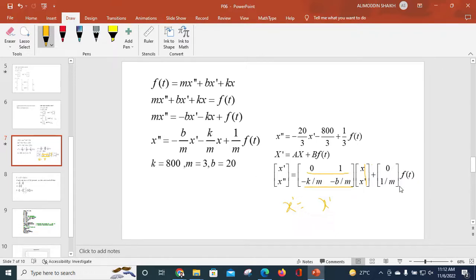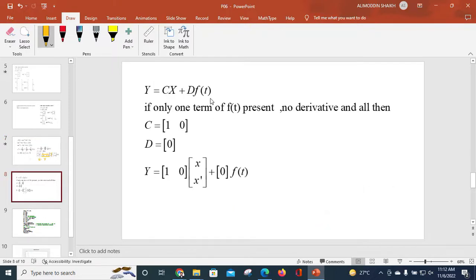Now next, A matrix is over, B matrix is over. Now Cx plus Du, C and D we have to find out. For C and D matrices, see what is mentioned here.